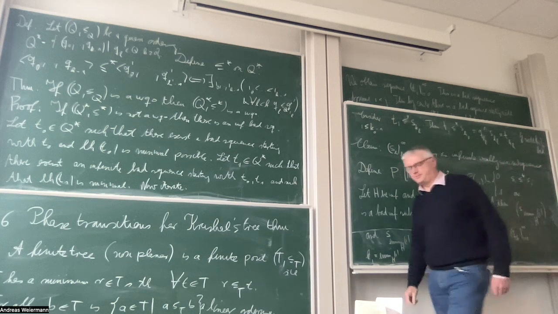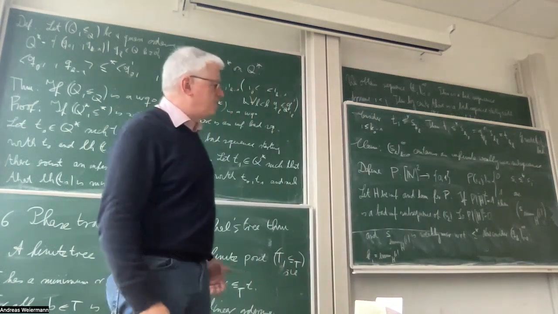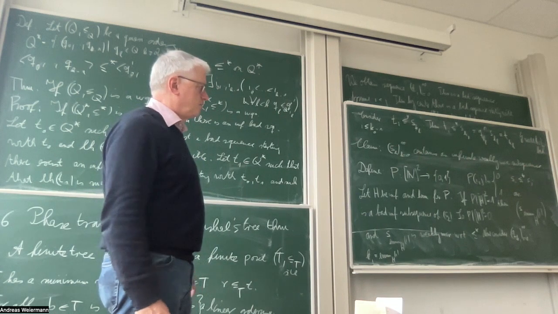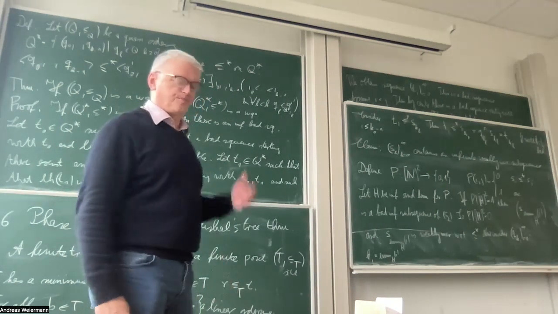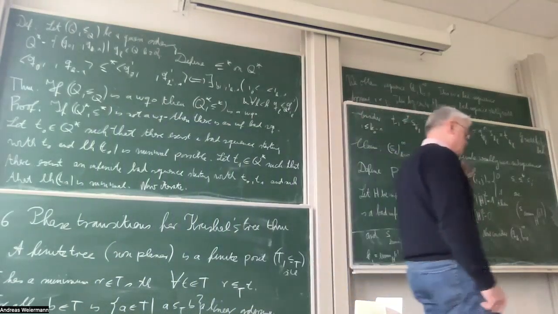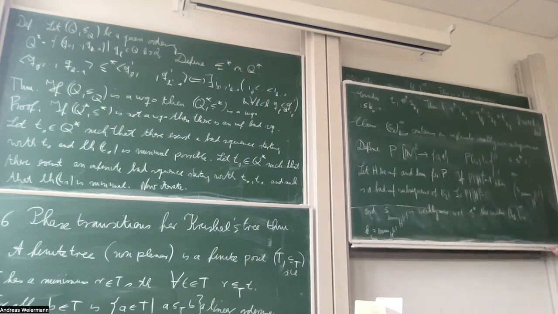In the whole proof, until now, we have not used that the original order was a well-quasi-order. And the claim is, if Q is a well-quasi-order, then Q star is a well-quasi-order. Up to now, we haven't even used Q as a well-quasi-order, but it comes now.